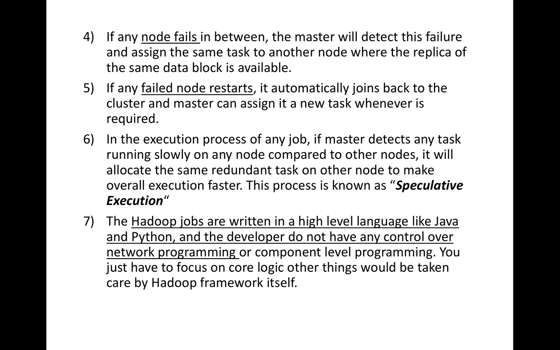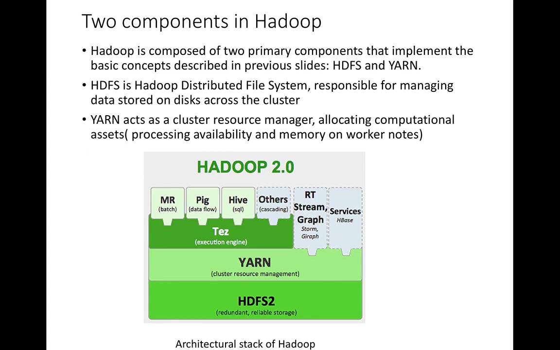You don't need to write deep network programs. If you go to the library, you will find there are 2 very, very thick books on network programming. That's very difficult. So that's the 7th concept. Based on these concepts, they developed Hadoop to satisfy the requirements of a good distributed system.